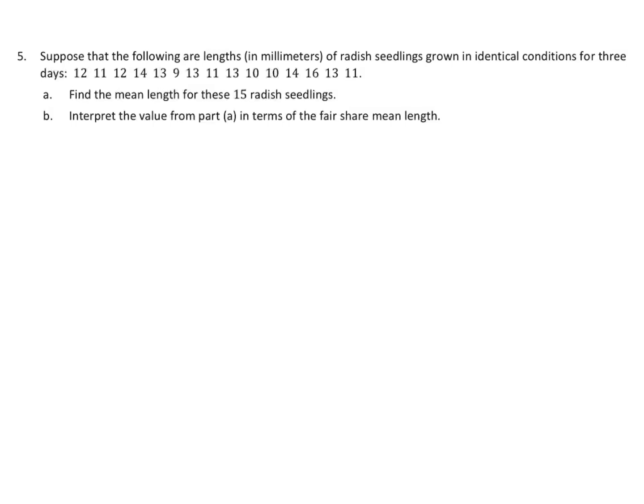Suppose that the following are lengths in millimeters of radish seedlings grown in identical conditions for 3 days. So to find the mean, we have to first add up all of those values.